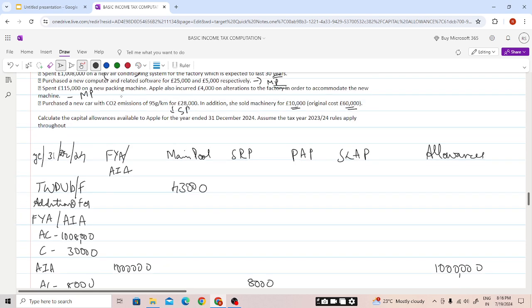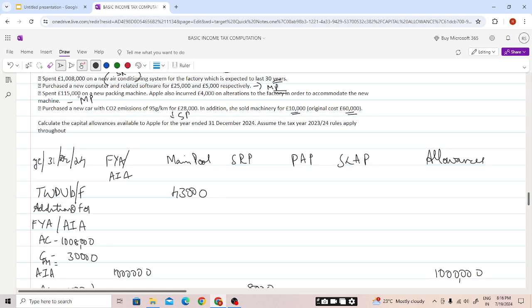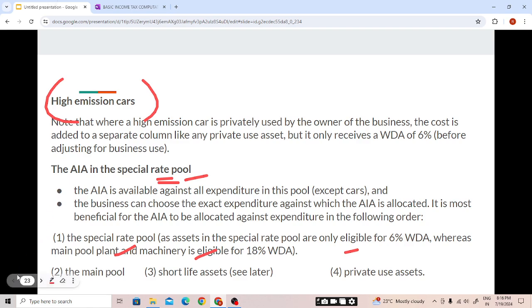And students, we have a new packaging machine also, which incurred 4,000. So the new packaging machine will also qualify. The original cost is 115,000 plus the 4,000, because the assets are deemed to be plant and machinery. Cost incurred for the alteration of the building to fit the asset and computer, students, we have already covered this topic.